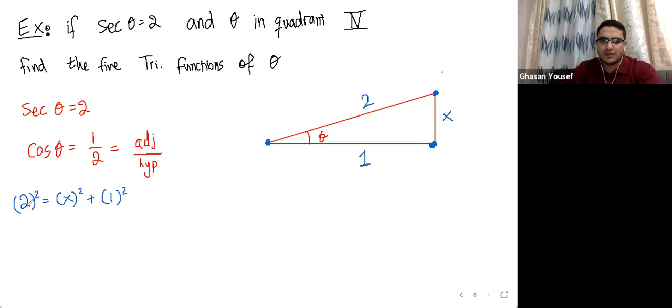The 2 squared is 4, equal to x squared plus 1. Now, subtract 1 from both sides, you will get 3 equals x squared. Take the square root of both sides, you will get the square root of 3 equals x. So the value of x equals the square root of 3.